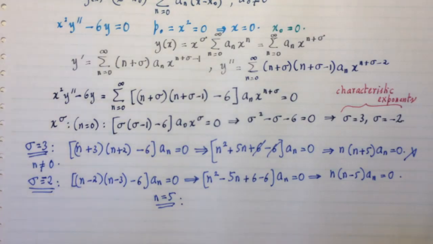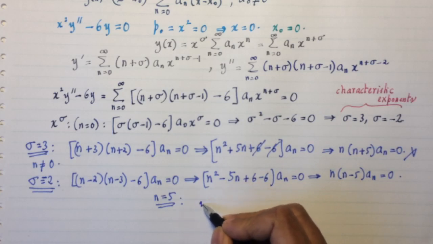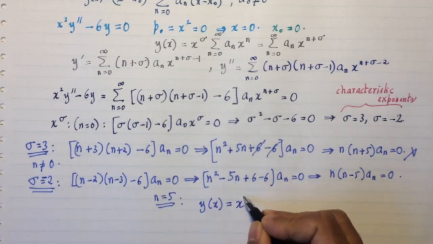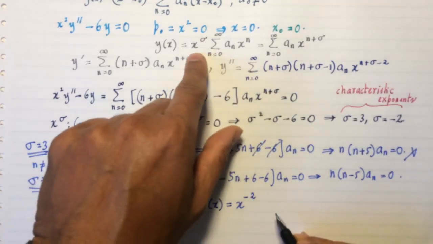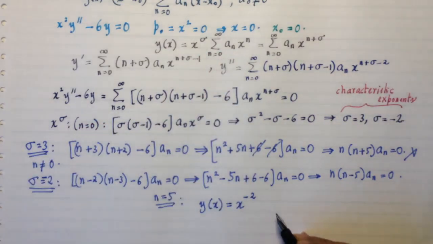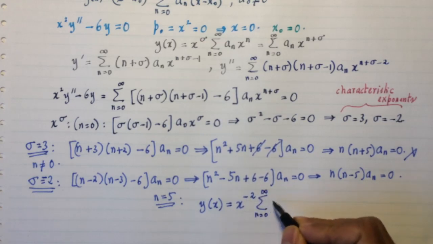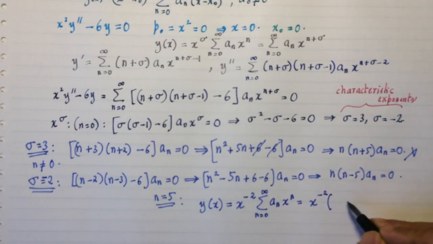So what we're going to do is take the n equals 5 term. y of x then is just going to be x to the sigma, which in this case is minus 2. We're going back to this ansatz here, the Frobenius ansatz. x to the minus 2 times the sum from n equals 0 to infinity of an x^n simply reduces to x to the minus 2 times a naught, which is never 0, remember that.